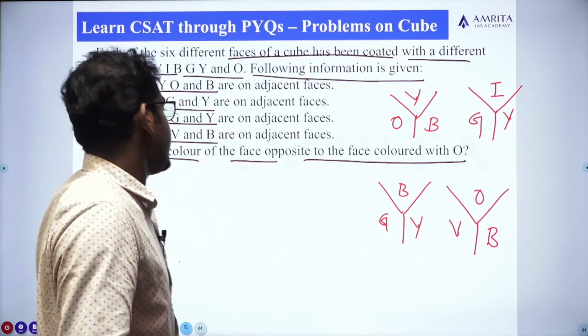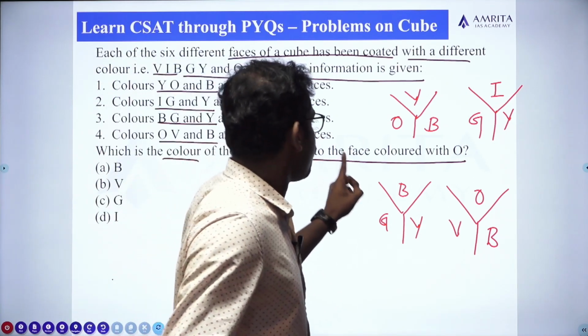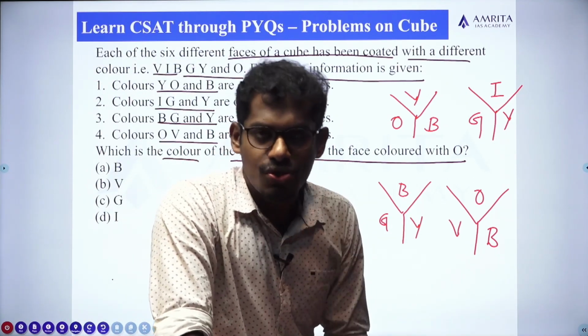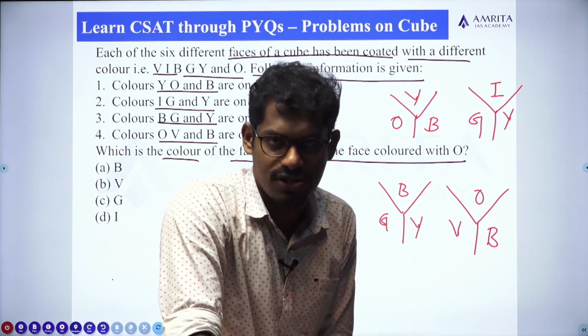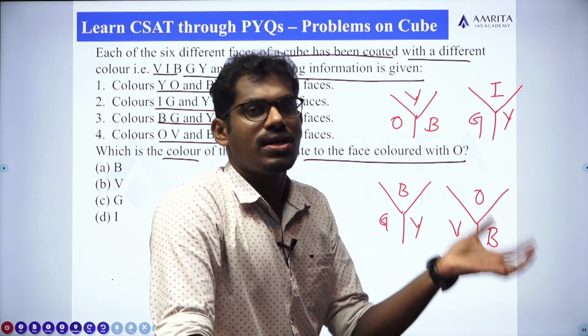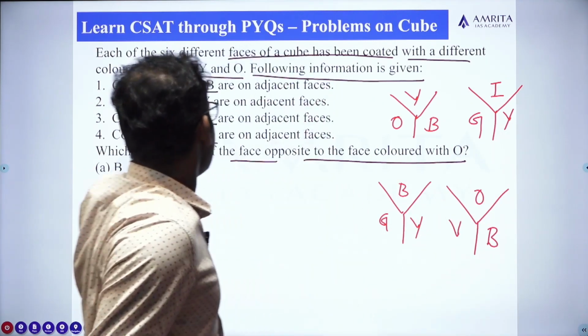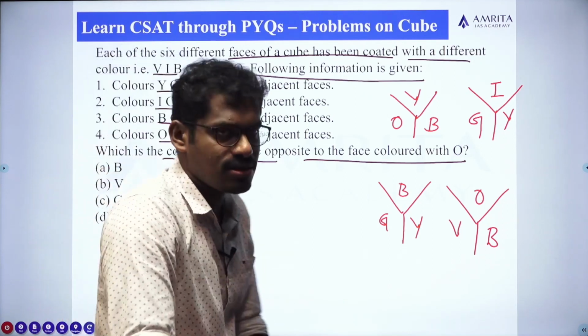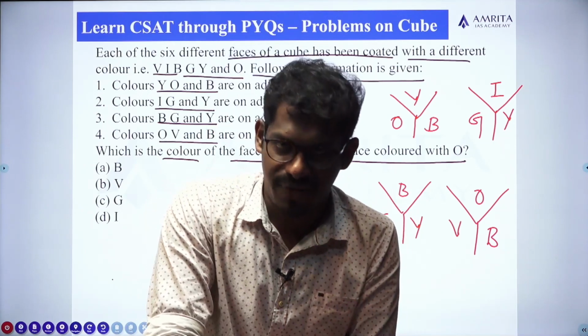But the actual question is, which is the color of the face opposite to the face colored with O? So we have to understand the different 6 faces of this cube and what color is painted on each face of this cube. Clear? 6 colors are here: violet, indigo, blue, green, yellow and orange. We have to find which color is painted on which face. Clear?